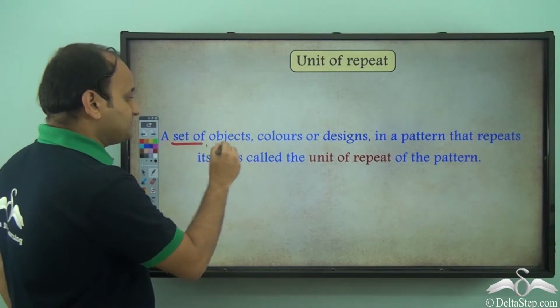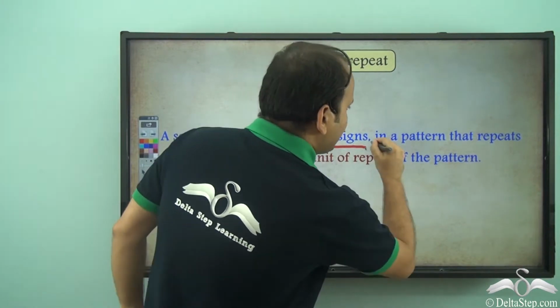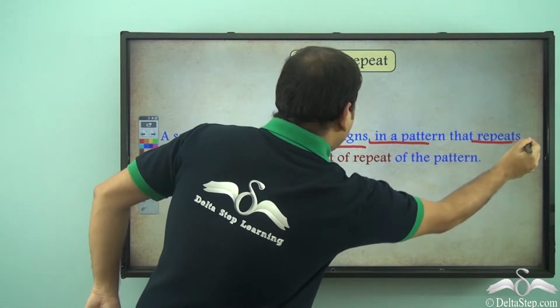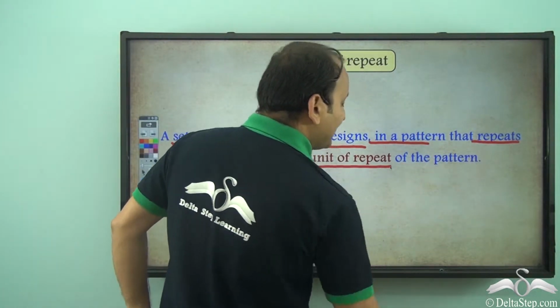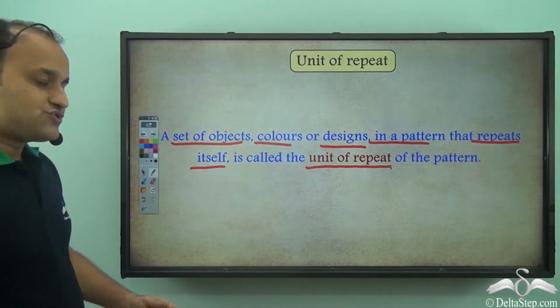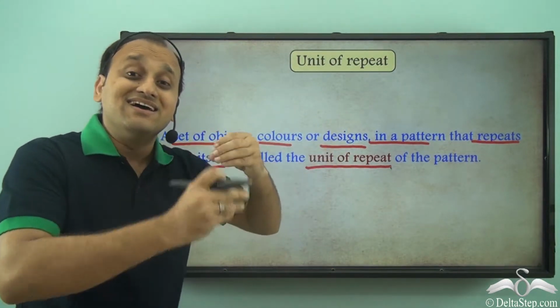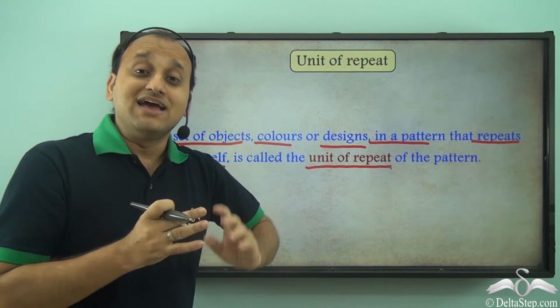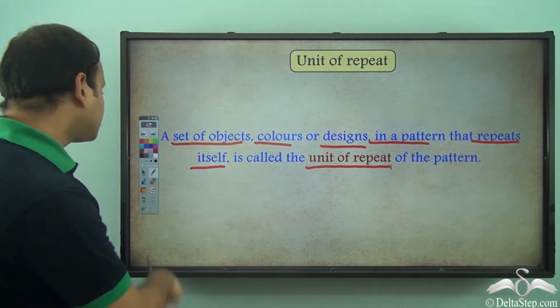Well, a set of objects, colors or designs in a pattern that repeats itself is called the unit of repeat of the pattern. So any set of objects, colors or designs that repeats itself in a pattern is called unit of repeat of that pattern.